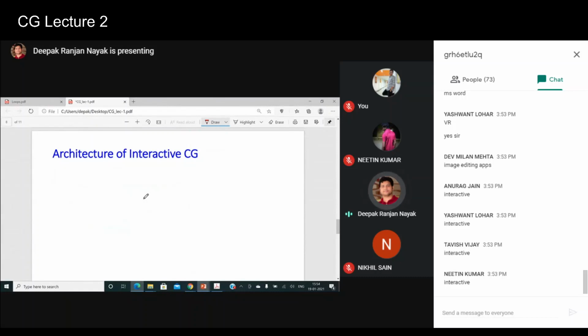It consists of basically two major components. So here is the graphics system we have, let's say. As I mentioned, we have two different components here. One is the software component and the other is the hardware component.